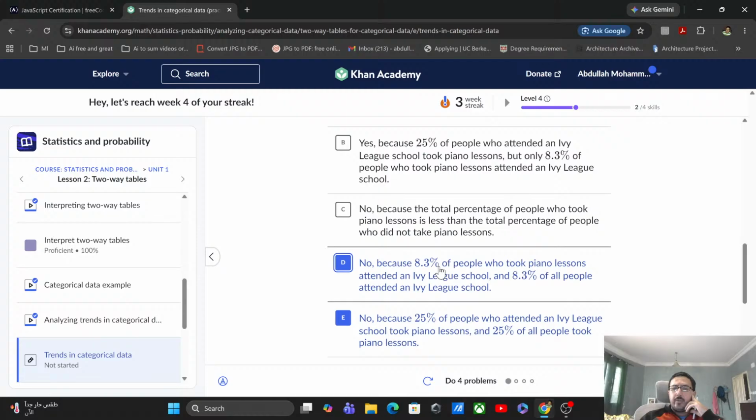Only 8.3% of people who took piano lessons attended an Ivy League school, and 8.3% of all people attended an Ivy League school. What does that mean?